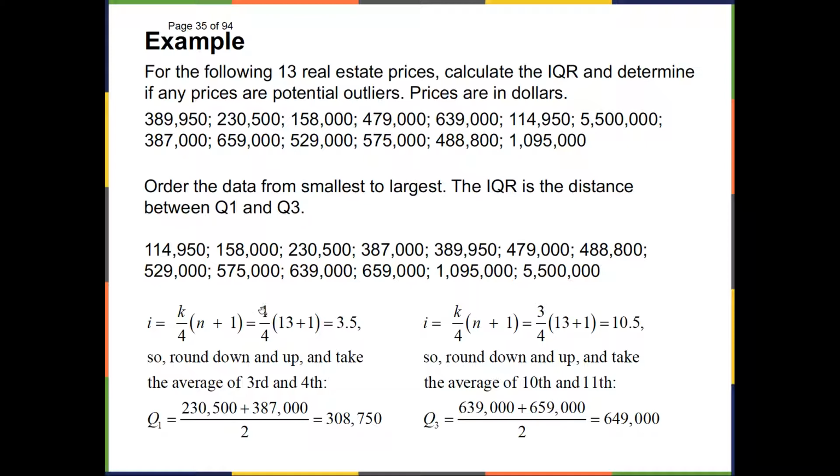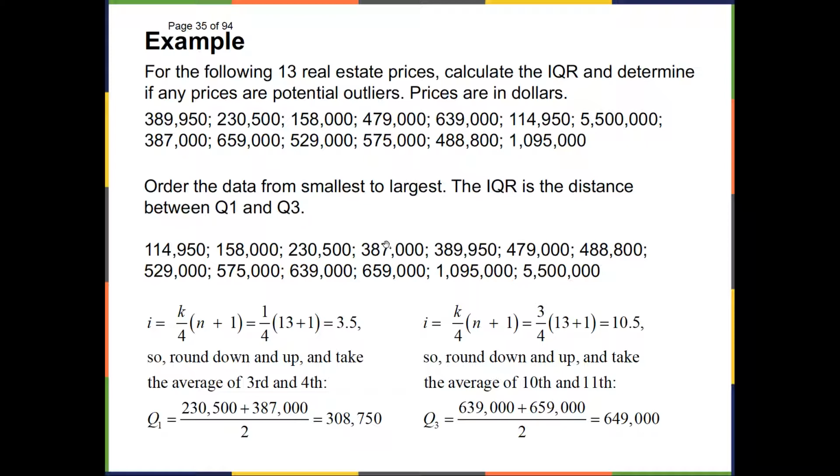So in the first quarter, we have the 3.5 integer. So that's going to be rounding it down to 3. And then I'm going to take the average of the third and the fourth integer. So that would be 1, 2, 3, 4. So that's going to be here between 150,230, 500 and 387.